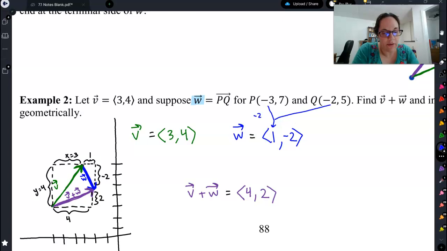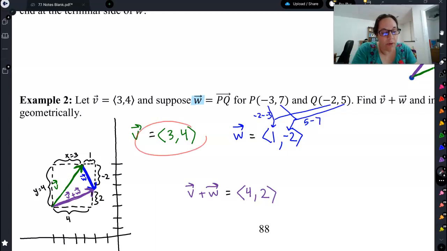So -2 minus -3. And then to get the Y component, we're taking the second one, 5 minus the first one. 5 minus 7 gives me -2. So instead of drawing it out and looking at the X and Y, you can also just do that mathematically by doing the second value minus the first value. That will give you your component form.